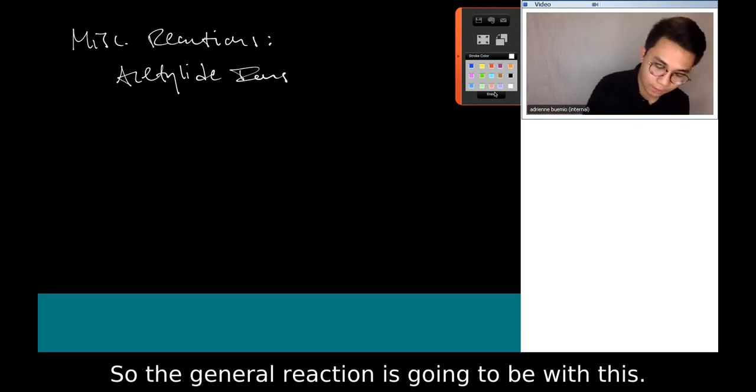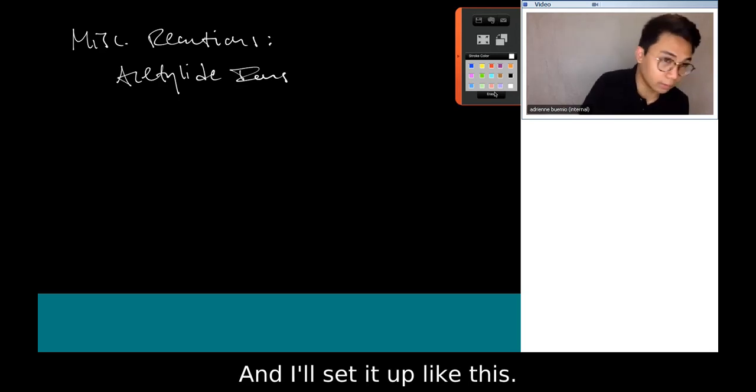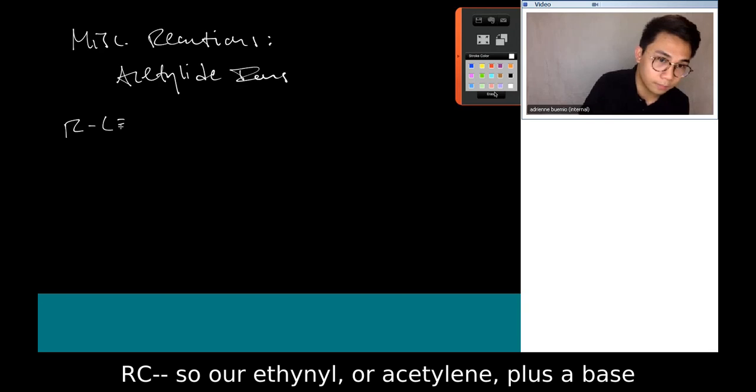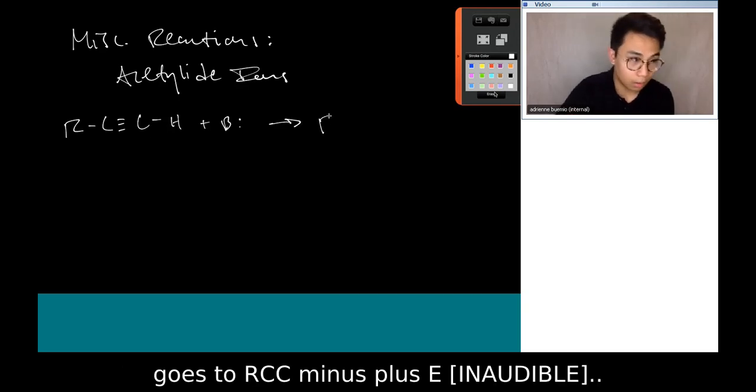So the general reaction is going to be with this, and I'll set it like this. RC, so our ethyne or acetylene, right, plus a base goes to RCC minus plus E plus, right?